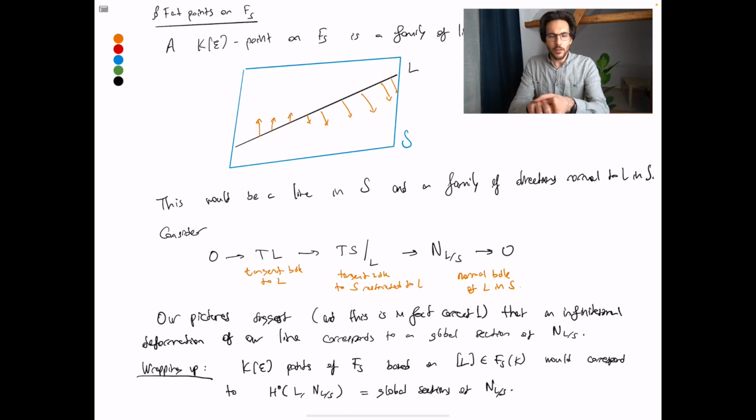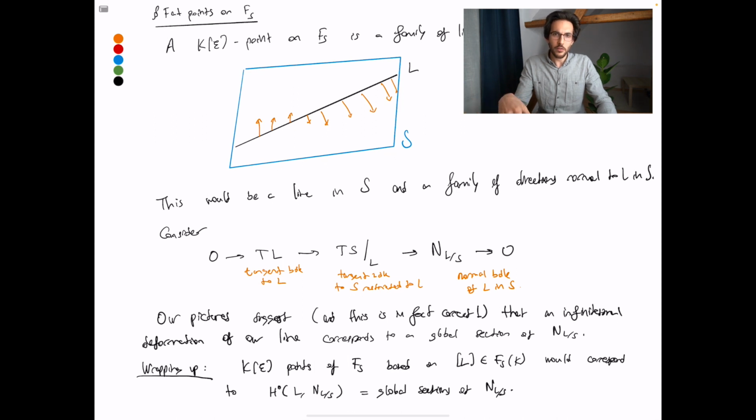So what we're seeing here is something fundamental to these moduli questions. In general, you could have asked, what is the tangent space of Fs? We saw that fat points, these k epsilon points, capture this tangent space of Fs. Therefore, what I just said in wrapping up this section is that the tangent space of Fs corresponds to the global sections of the normal bundle of L inside of S.